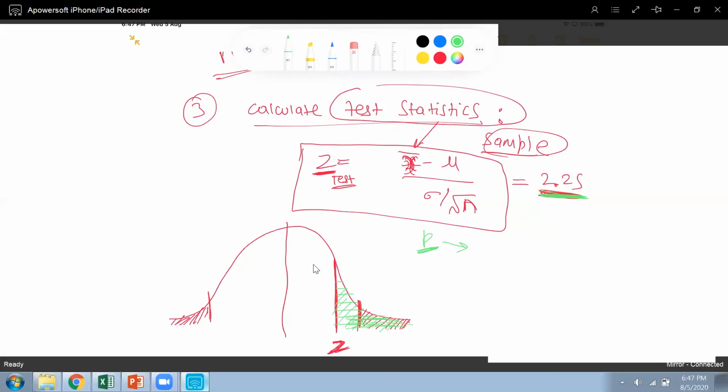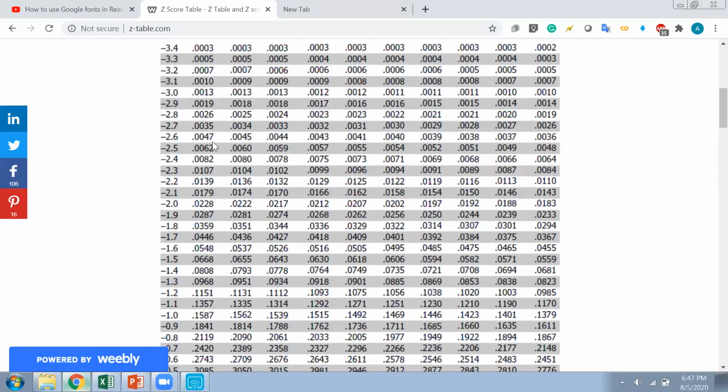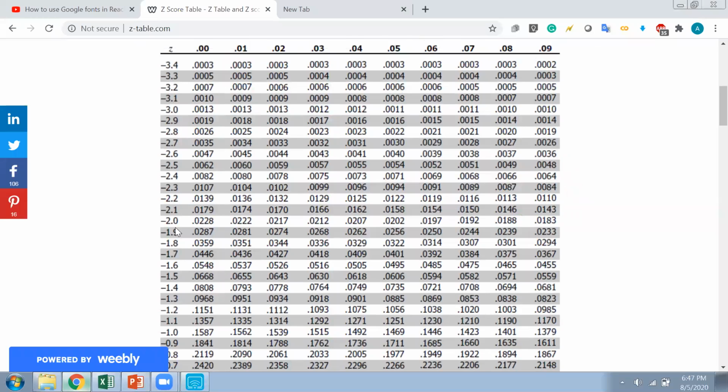How will we find it? Using the table, we get one value, and we have to subtract that from 1. So how will we find for 2.25? It is coming 0.0122.